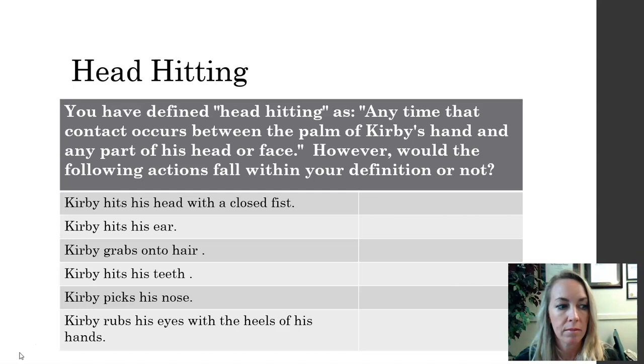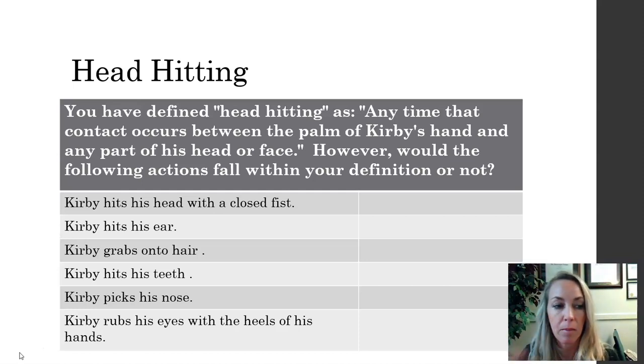Kirby hits the ear. Is that? Well, the ear is part of the head or face, I think. Kirby grabs onto hair. That's not head hitting. He's not touching. It depends on if he grabs hair like this or if he grabs hair like this. It seems equally problematic either way. Kirby picks his nose.